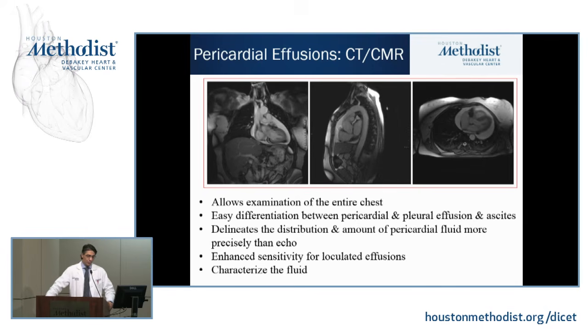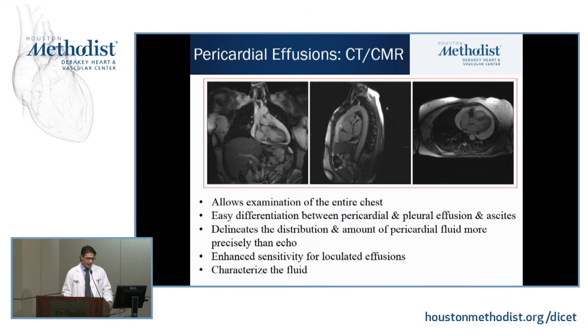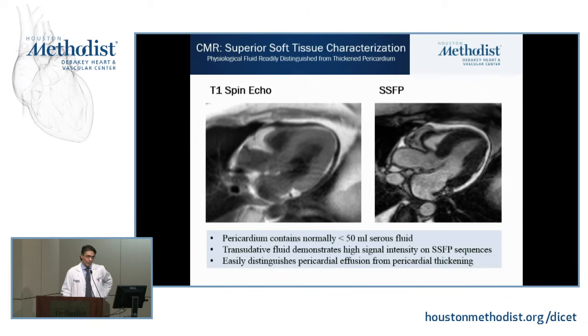Another thing that's very important is, of course, when it comes to loculated effusions, these are great techniques because you can really assess the full, exact location of it. What's more, at least with CMR, one of the problems often becomes differentiating between fluid and pericardium.